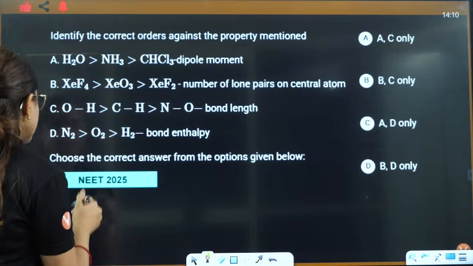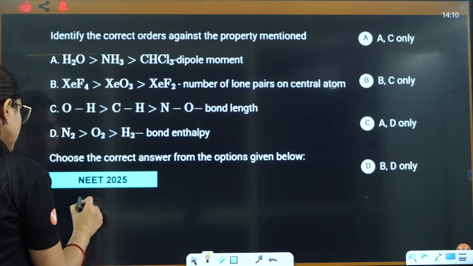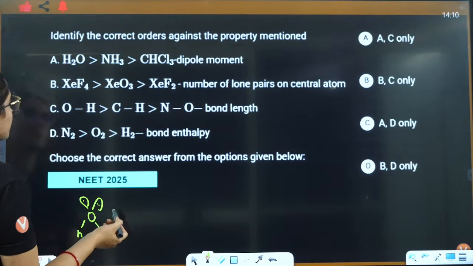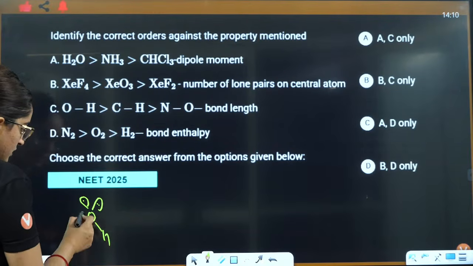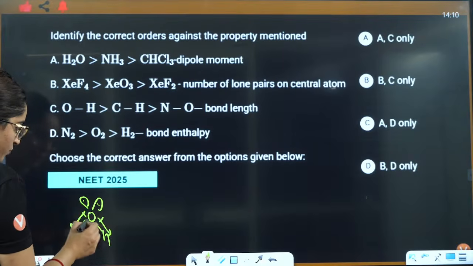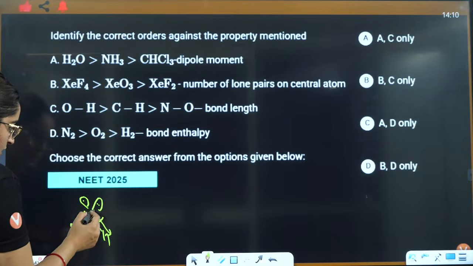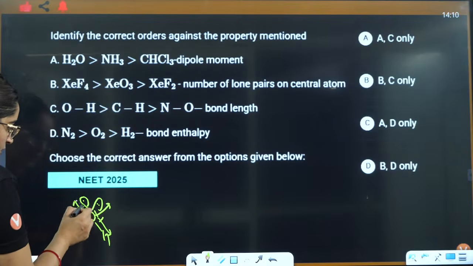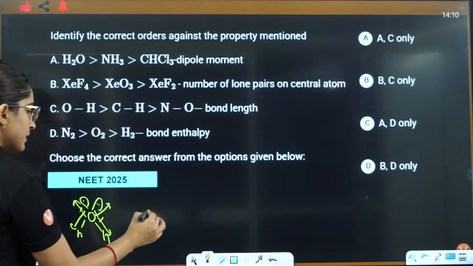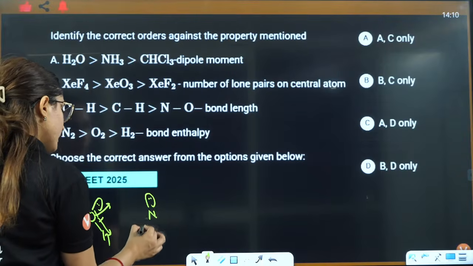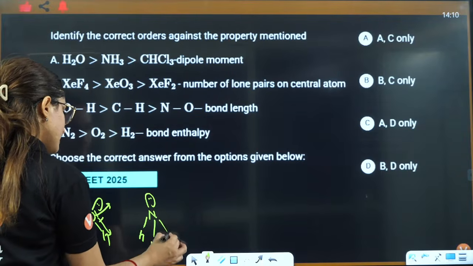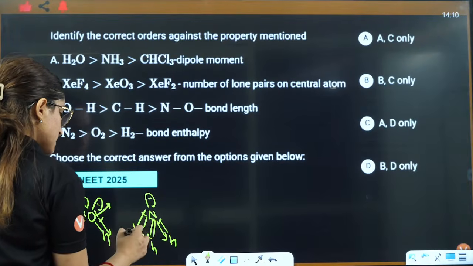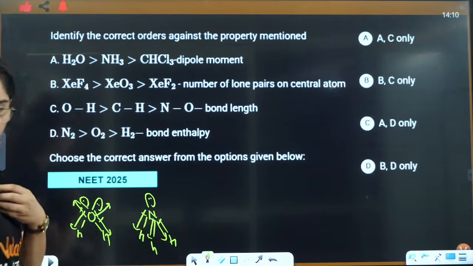If you see in this case, you have water, one lone pair, no cancellation will be there, right? Negative to positive, right? Then you will have atom to lone pair. A little bit of cancelling will be there. Here you have lone pair, H, H, and H.